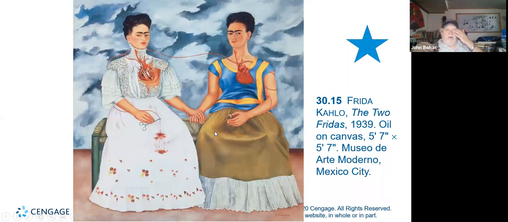Frida has a lot of work, autobiographical, and her connection to nature. And in fact, you'll see a lot of Frida Kahlo paintings that have animals and flora, jungle, etc.